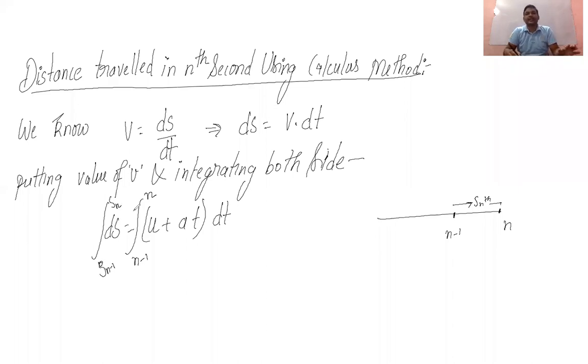So this is basically your distance traveled in nth second. Once you integrate it, you will find s, and the limit will be S(n minus 1) and Sn.